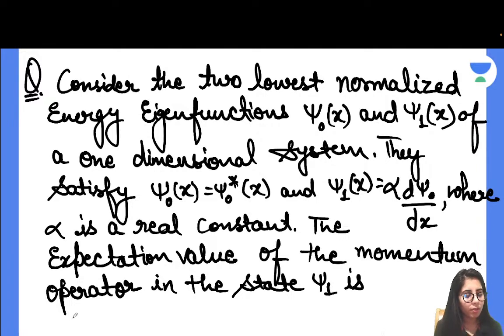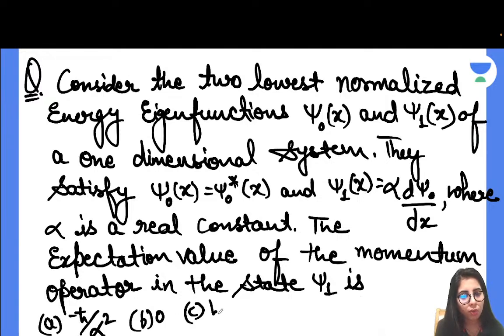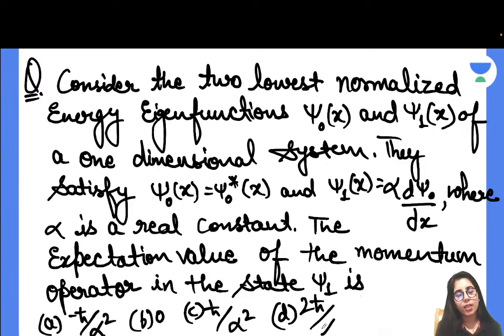Options are minus h square over alpha square. The next one is 0, then h square over alpha square, and the next one is 2h square over alpha square, right?